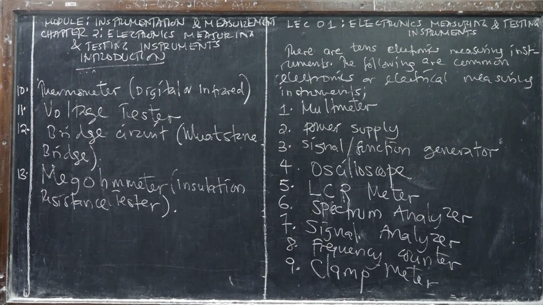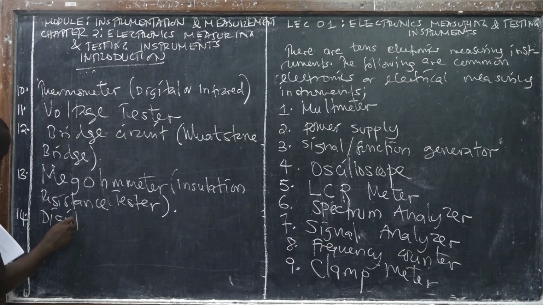These are the electrical measuring instruments we often use in high tension. Then number 14, we call it a digital logic analyzer.